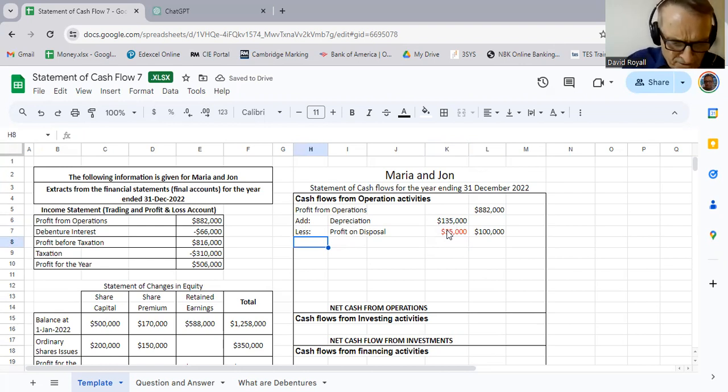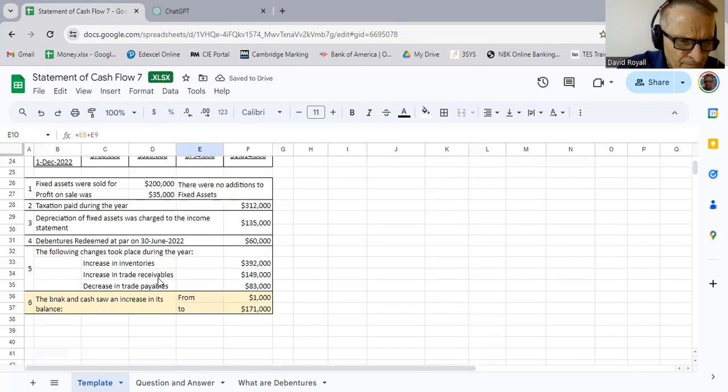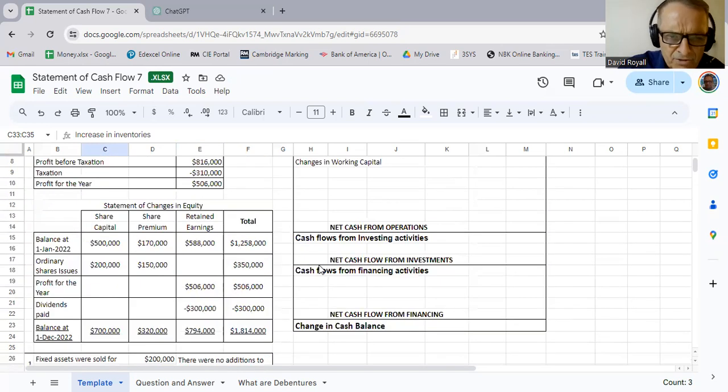Okay, now what I want to do is the changes in working capital. Now, this is the good news. The question puts the three together, and it's been really kind to us, because look at these three: increase in inventories, increase in trade receivables, decrease in trade payables.